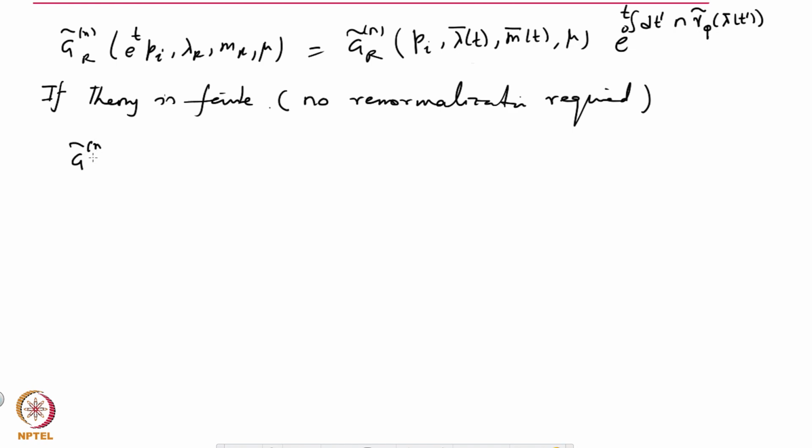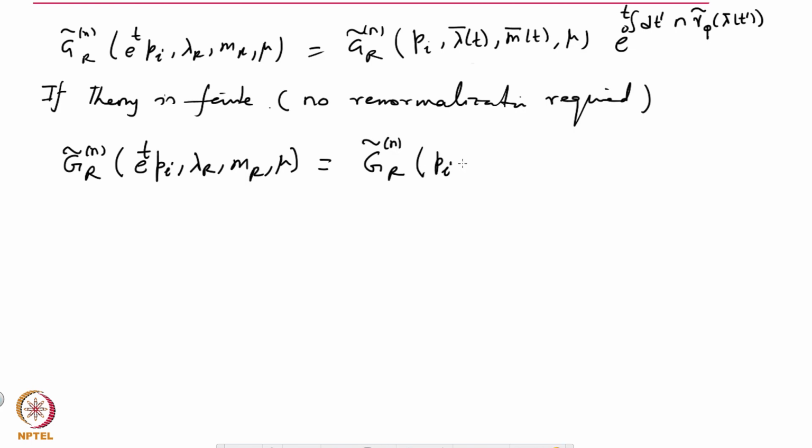G tilde n renormalized at a large scale, I am taking t to be large, at these values of coupling constants, okay, that is what you want to calculate, will be G tilde n r of pi.